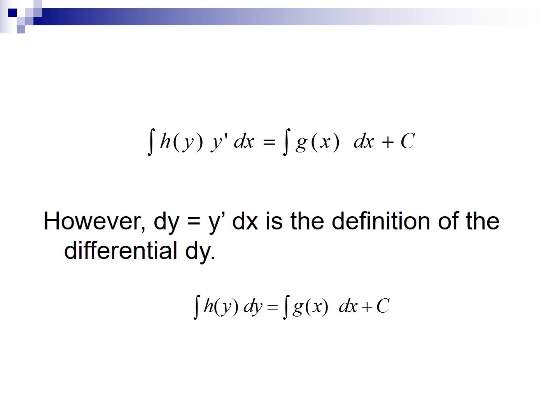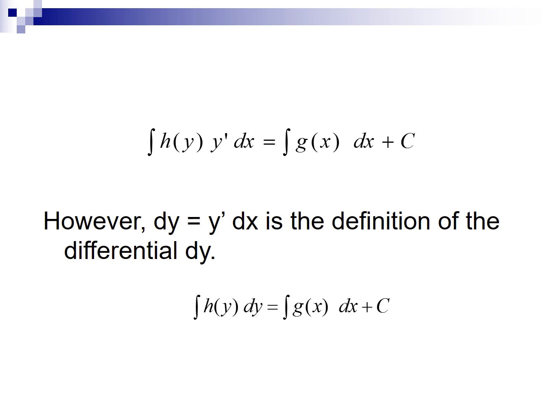Now, we would end up with y prime is equal to g of x divided by h of y. We would end up with h of y times the derivative of y is equal to g of x. Then we're going to integrate both sides with respect to x, not forgetting the plus c. Notice on the left side we end up with the configuration y prime dx.